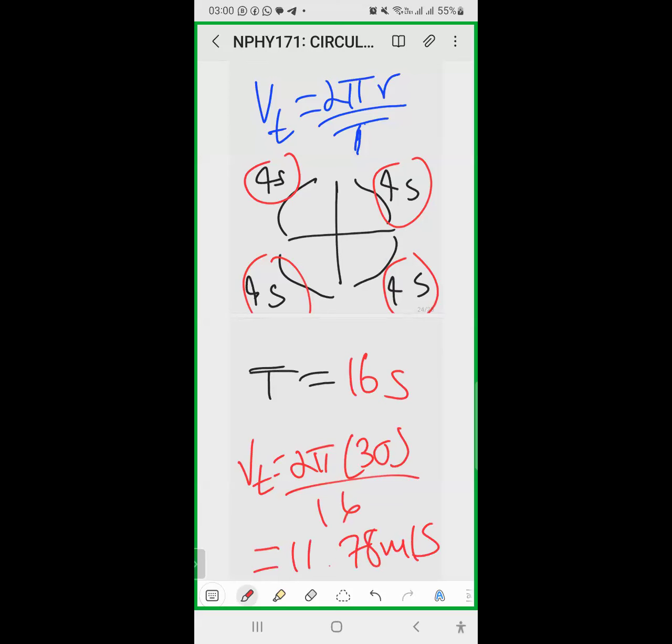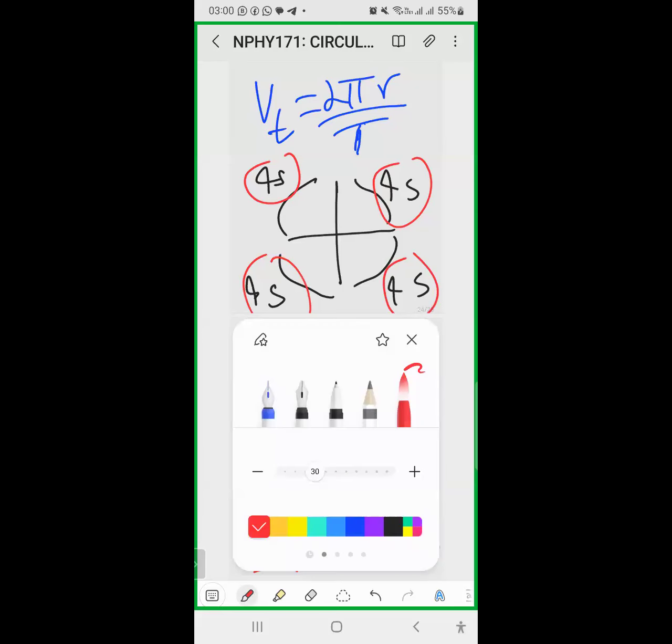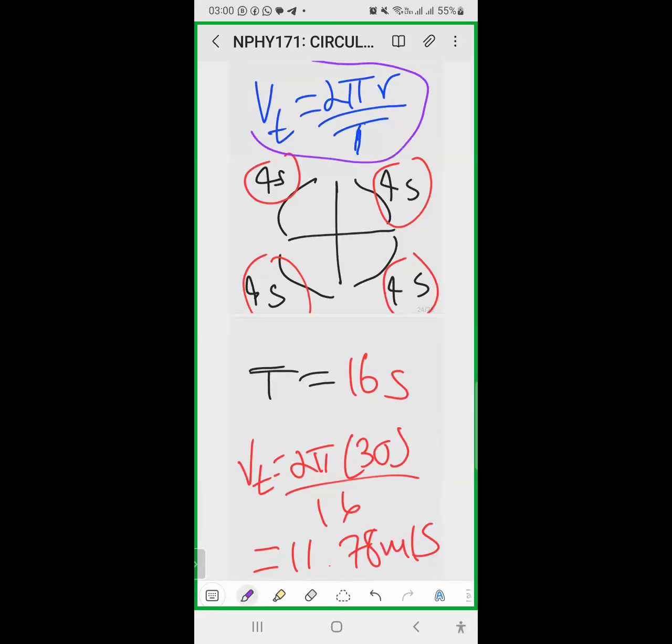Okay, we talk about period. In this Vt, we have 2 pi here. Due to time, I won't be able to show you, but if there was time, I would show you where this equation of 2 pi comes from. But it is derived directly from the equation that we know, which is Vt is equal to R multiplied by the angular speed, okay?